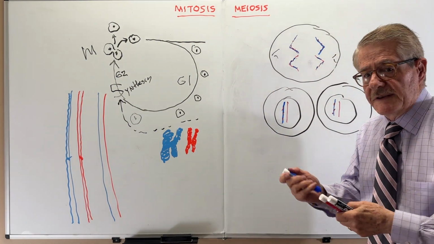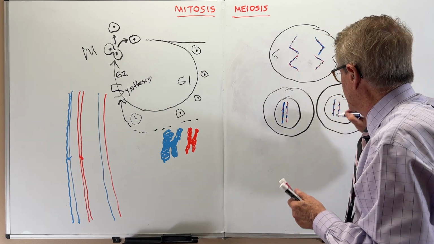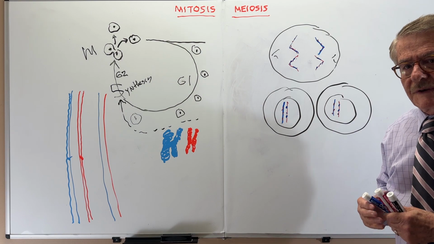It has received an exchange of genetic material, and this one too. Now, this is the first division of meiosis.